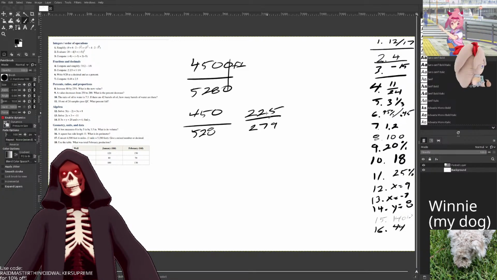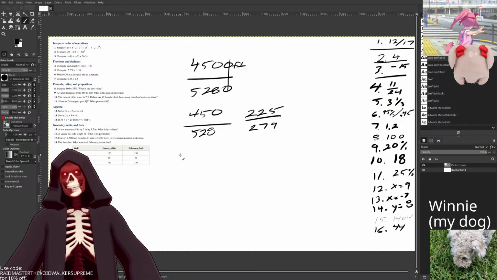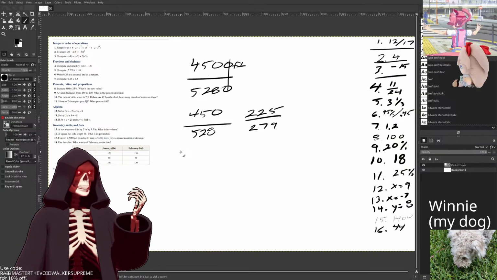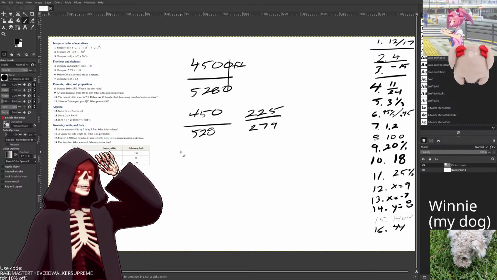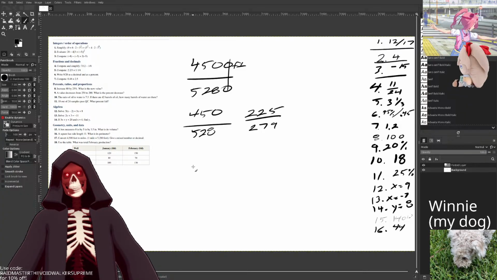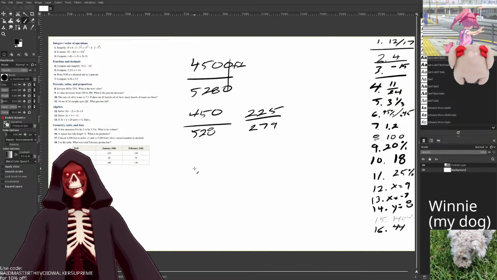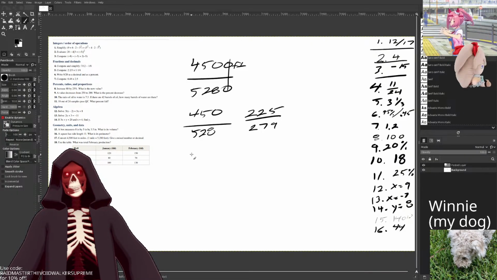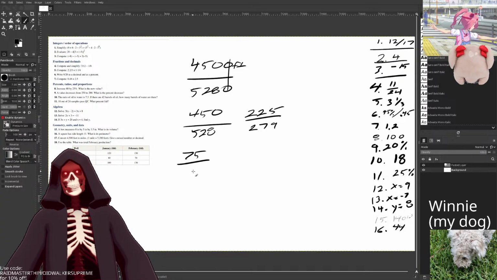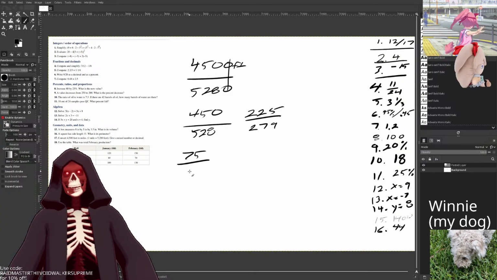So if we divide this by 3, we'll get... divisible by 5, obviously. 75 over 279.